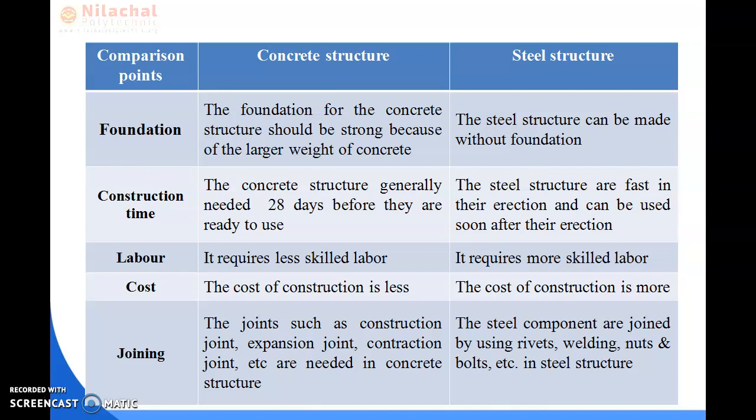But a steel structure can be made without a heavy foundation. You know that the foundation is the base of a building or any kind of structure. When we make a concrete structure, we need to make a foundation below the earth surface, and then proceed to build the structure over that foundation.